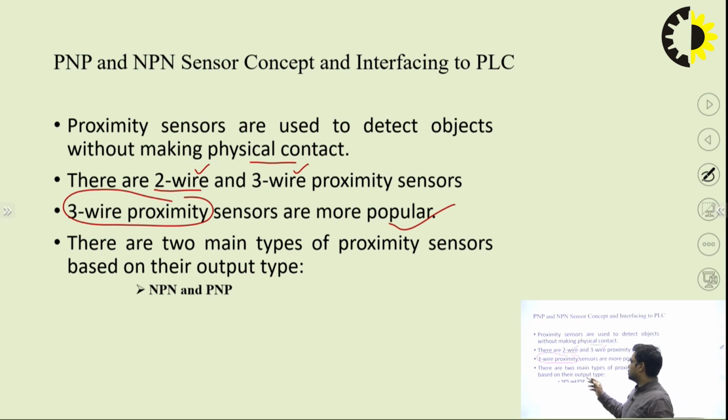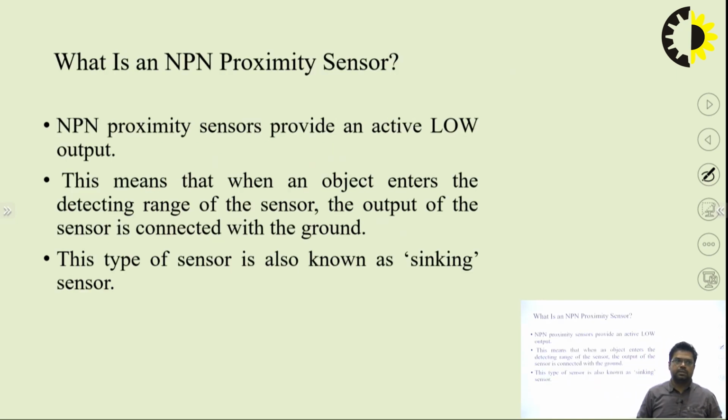There are two types based upon their output. We call them the NPN type of sensor and the PNP type of sensor. So what are the major differences between them?